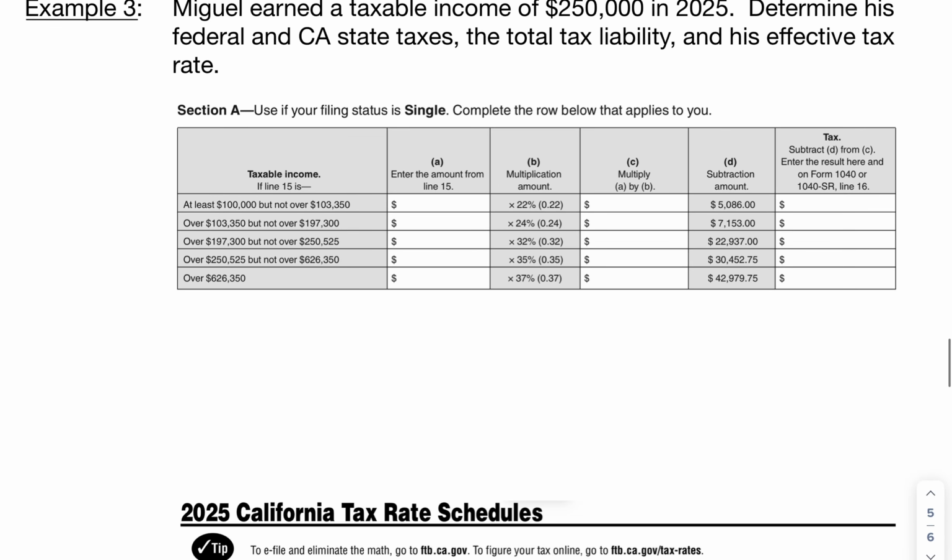Now we're going to calculate both the federal and state taxes. In this example, we're going to look at the California state taxes. And so we're told Miguel earns a taxable income of $250,000, and he did that in 2025. And we're going to calculate the tax liability and his effective tax rate.